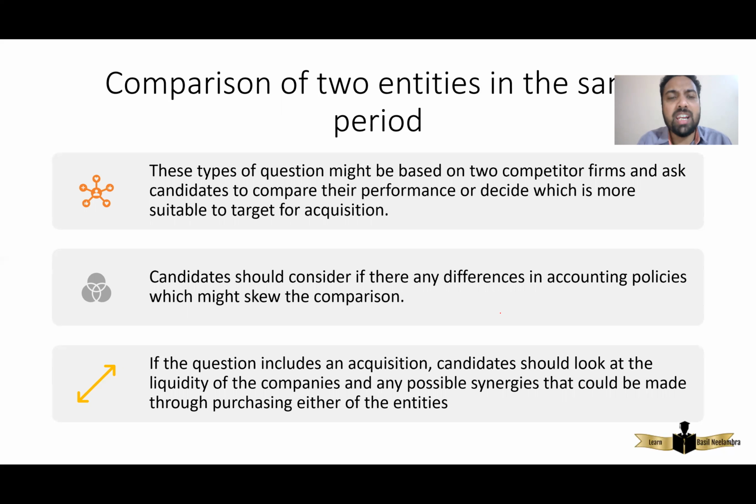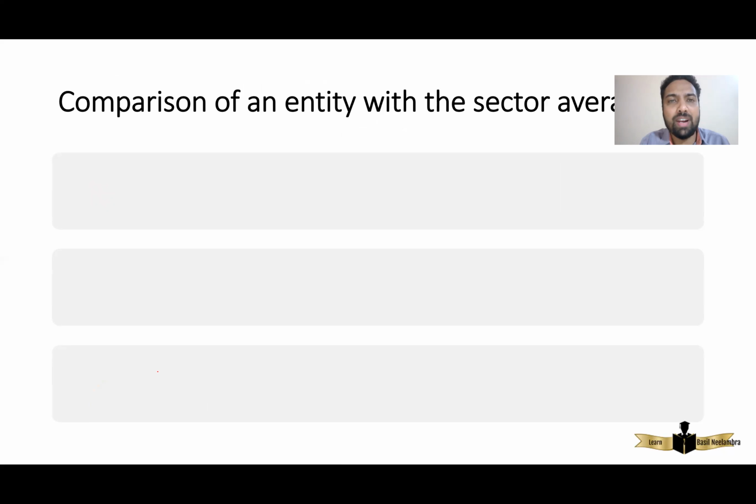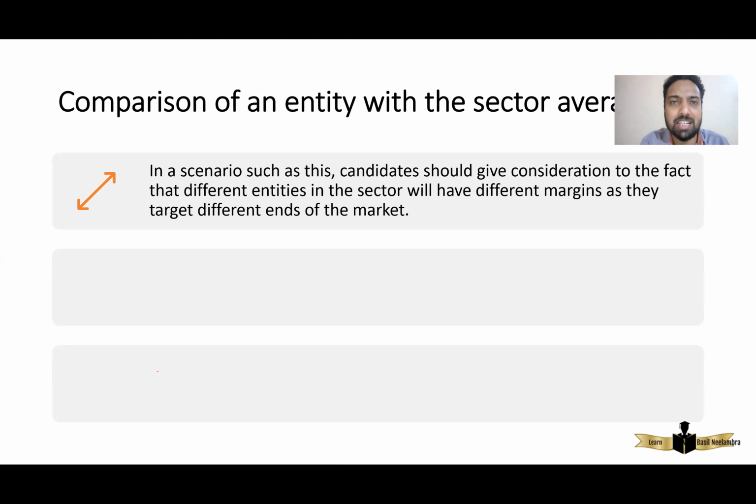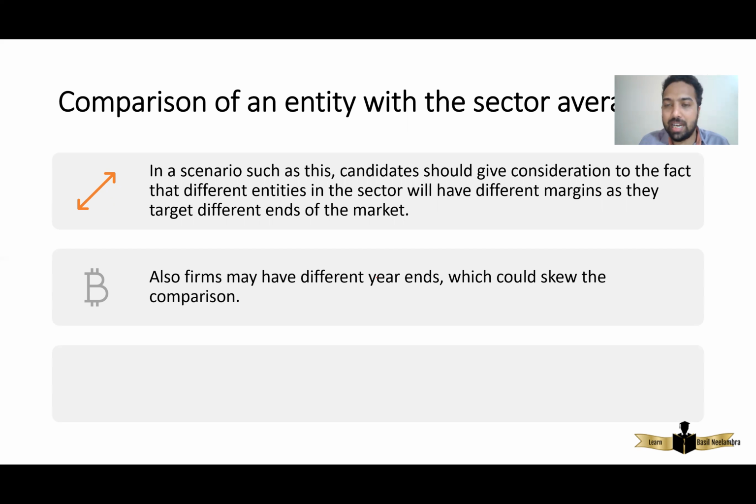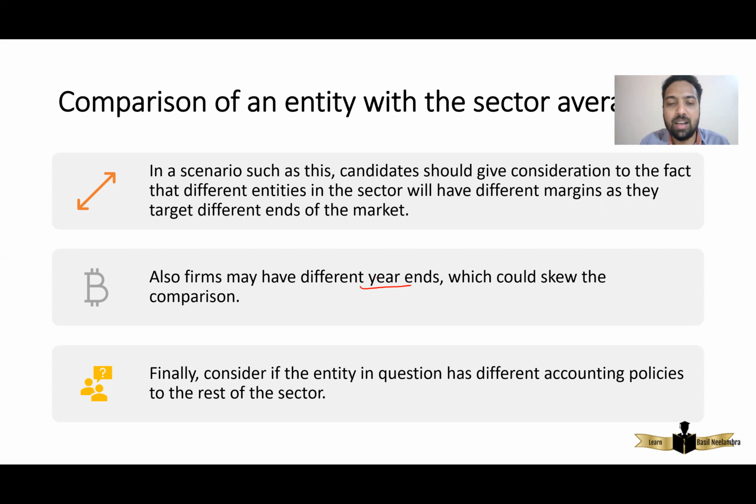So if the question includes acquisition, make sure you comment on liquidity. Now, comparison of an entity with sector average is another type of question they normally ask you to interpret. In that question, if firms have different year ends, it may skew comparison, and you have to consider whether there is any different accounting policy.